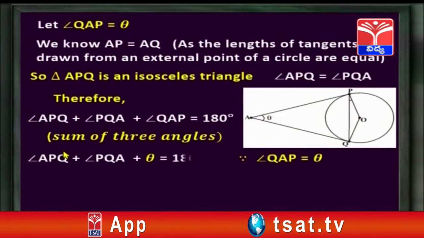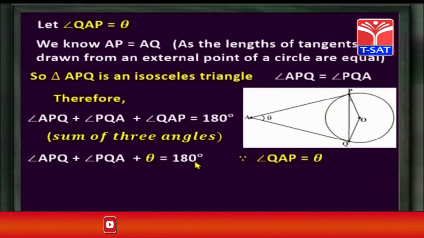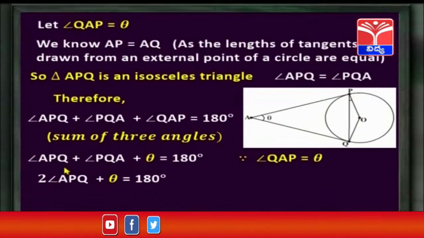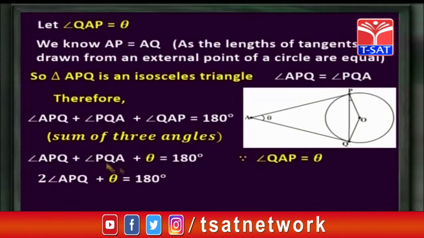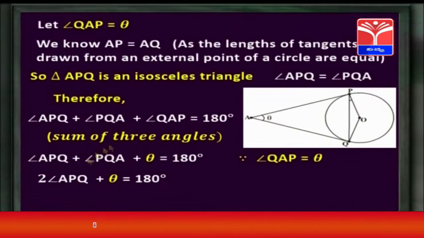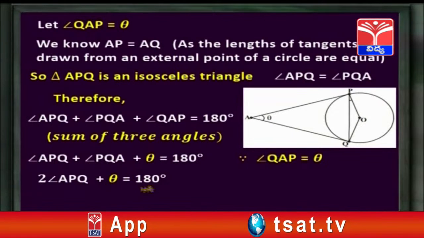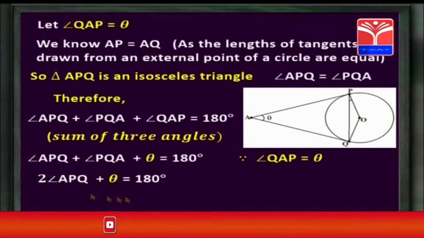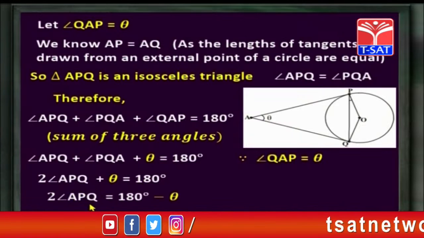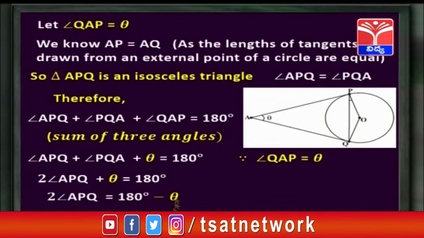Then it becomes APQ plus PQA plus theta is equal to 180 degrees. Now, APQ and PQA are both the same. Then I can write 2 APQ plus theta is equal to 180 degrees, which I can write as 2 APQ is equal to 180 minus theta.